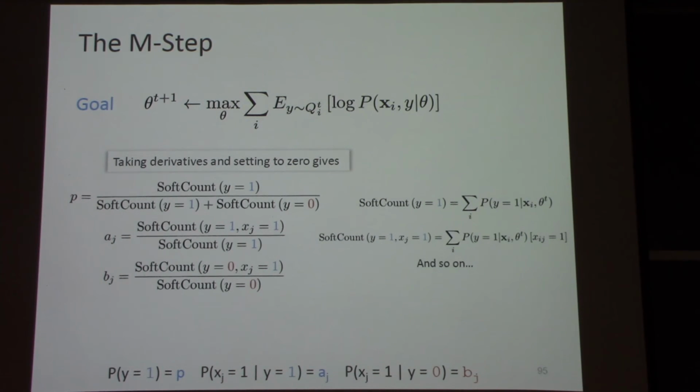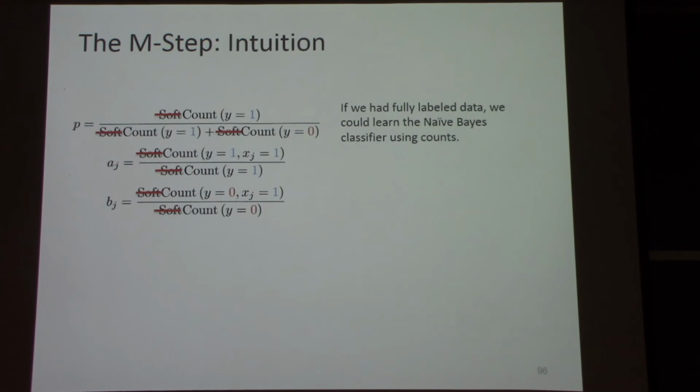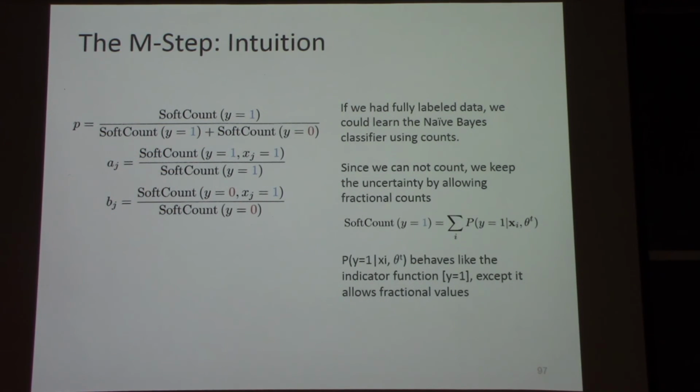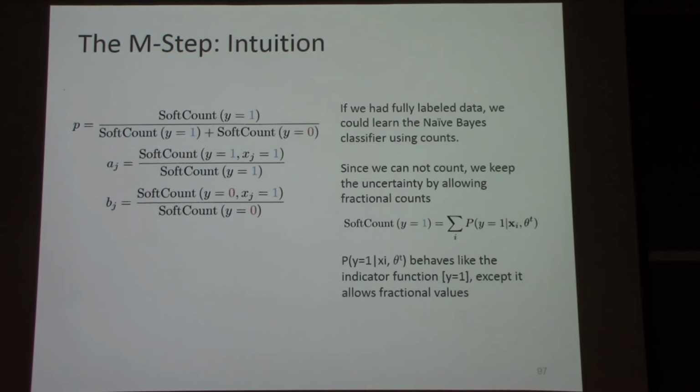It just so happens this emerges from taking the derivative and setting it to 0. When we had fully labeled examples, the whole thing was done with counts. Now we have no way of counting because there are no labels. There's no labeled data. Instead, we keep the uncertainty alive, and we use soft counts.